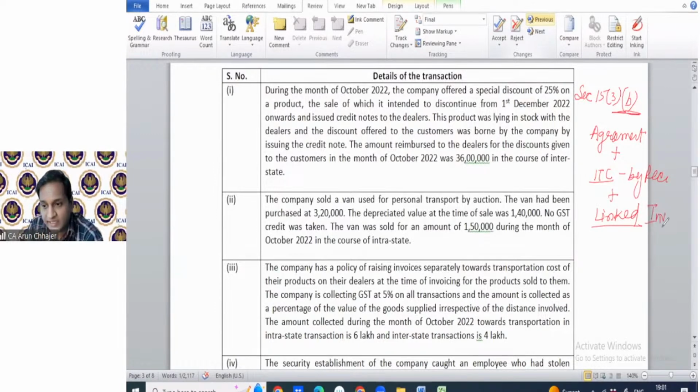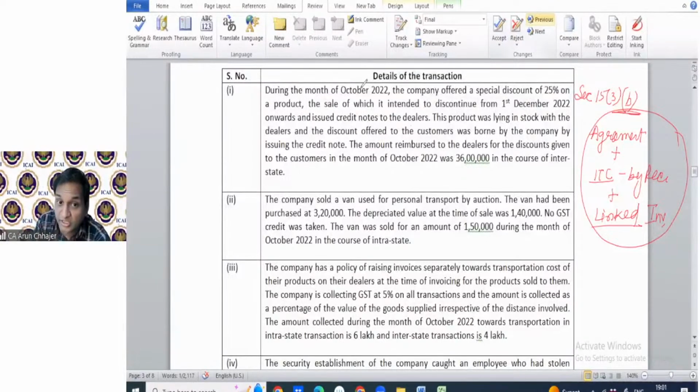If all these conditions are satisfied, then you are allowed to exclude the discount amount from the taxable value. In other words, this credit note would be a GST credit note, and I am allowed to reduce my tax liability.